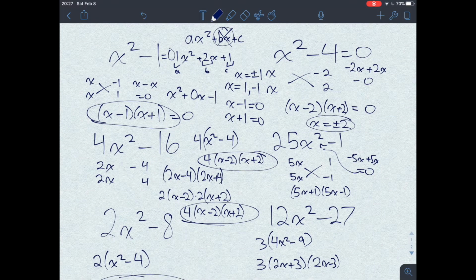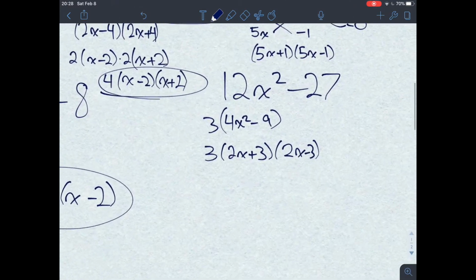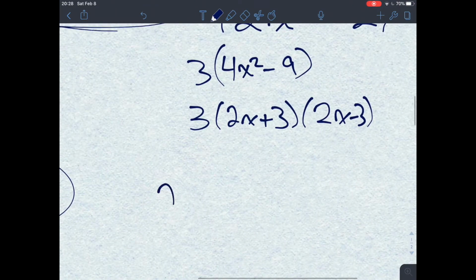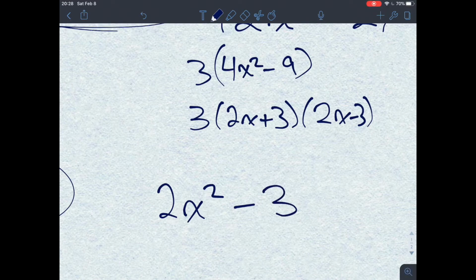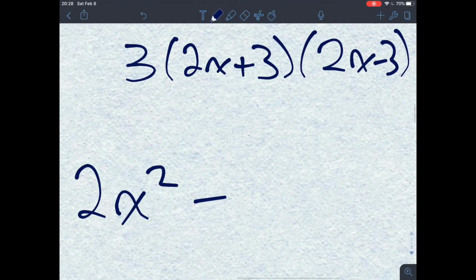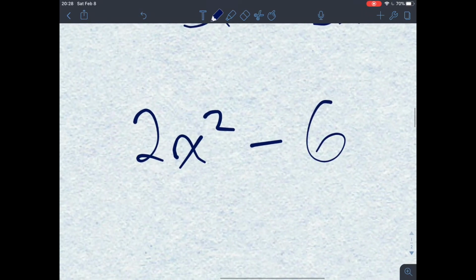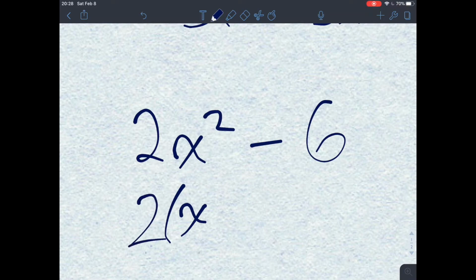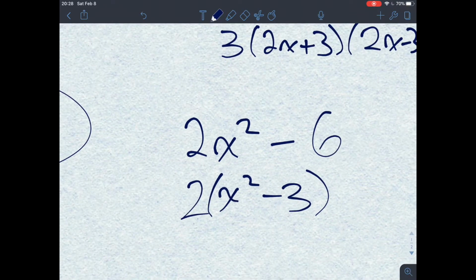You might be thinking of one thing though, which is, what if you get, say, like 2x squared minus 6. Now, even when you take out 2, you still get 2 times x squared minus 3. And the thing is, you can't really factor that.